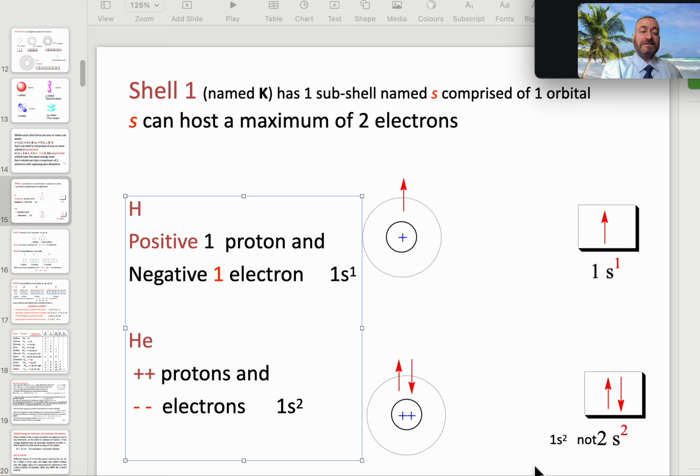So the orbital here is 1s2, not 2s2, because 2 is the shell number 2, and we are talking about shell number 1. So it's 1s2. The 1 is the n, the main shell, which we call K. S is the orbital, and the 2 is the number of electrons in the orbital.